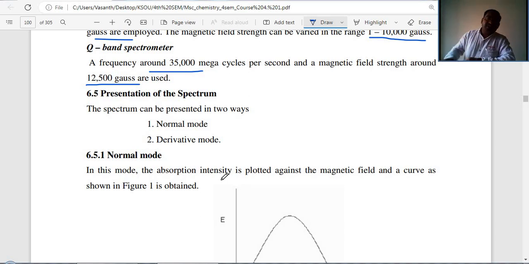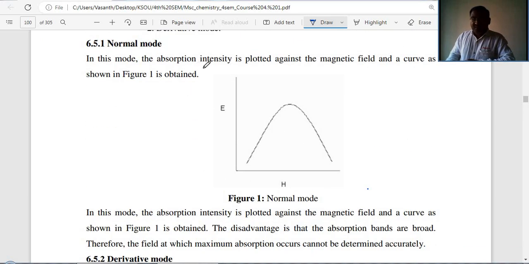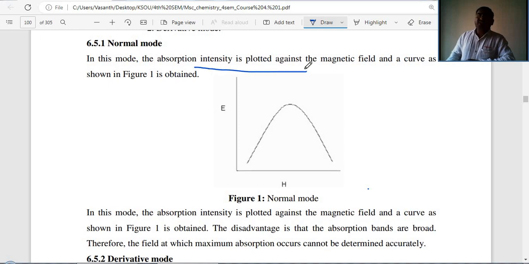In the normal mode, the absorption intensity is plotted against the magnetic field.